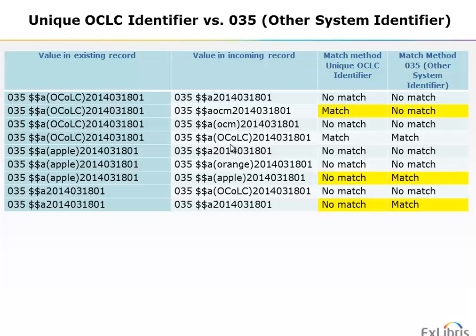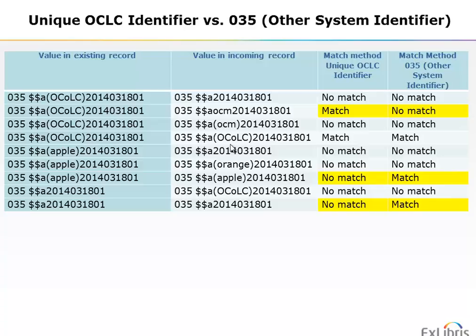However, because these different prefixes are both recognized OCLC prefixes, the unique OCLC identifier match method identifies these two records as a match.